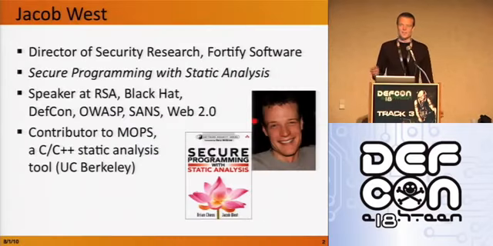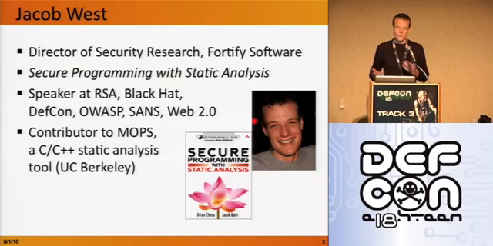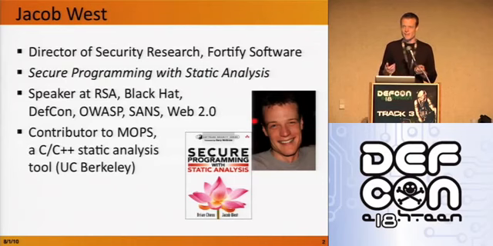I am Jacob West. I run security research at Fortify Software, and Matias is one of our researchers. I'll let him introduce himself in a second. But I came to the security world because I worked on static analysis. So I worked on a static analysis tool at Berkeley for looking for security vulnerabilities in C and C++. And I got really excited when on our last project with that, we applied it to the entire Red Hat Linux distribution.